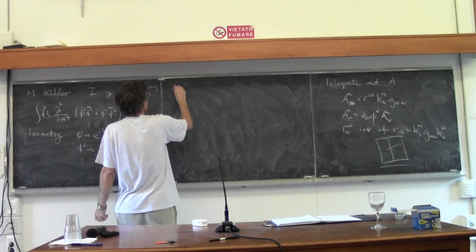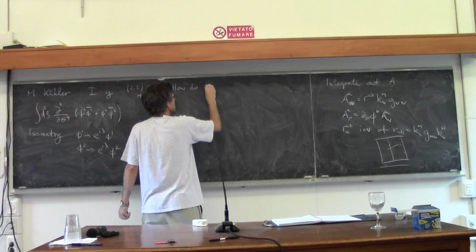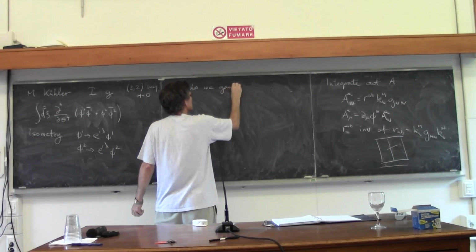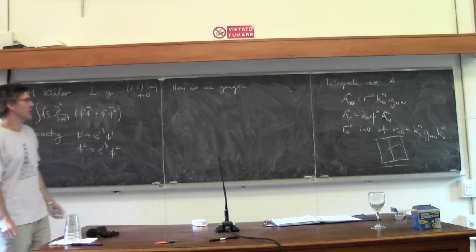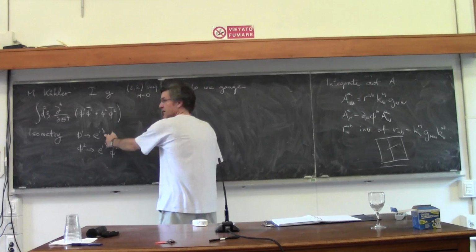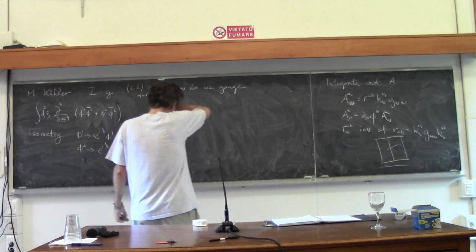So how do we gauge this in superspace? Gauging means that we make the symmetry local. But this has to be a function, and the function is not something supersymmetric. It has to be a superfield.